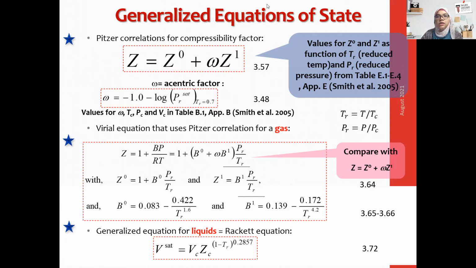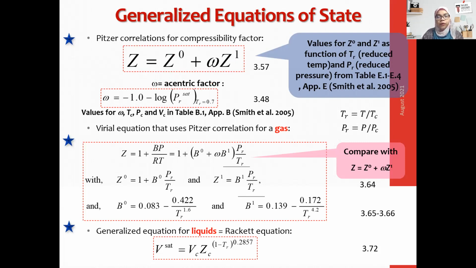Z naught and Z1 here may be obtained from Tables 1 to 4 in Appendix A, and can be defined by calculating the reduced temperature and reduced pressure, because different TR and PR give different values of Z naught and Z1.